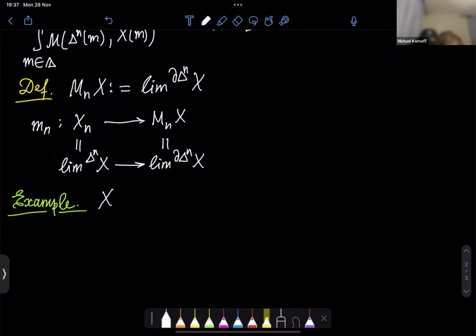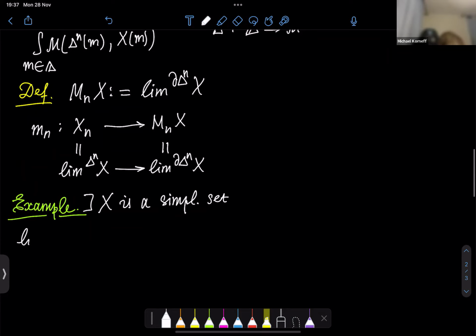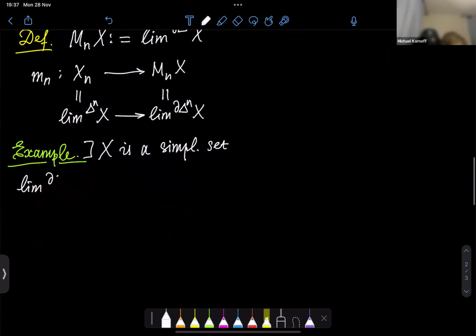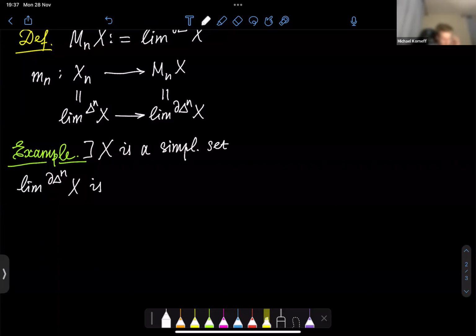Suppose that X is a simplicial set. Then we know that this weighted limit is just the set of maps of simplicial sets.